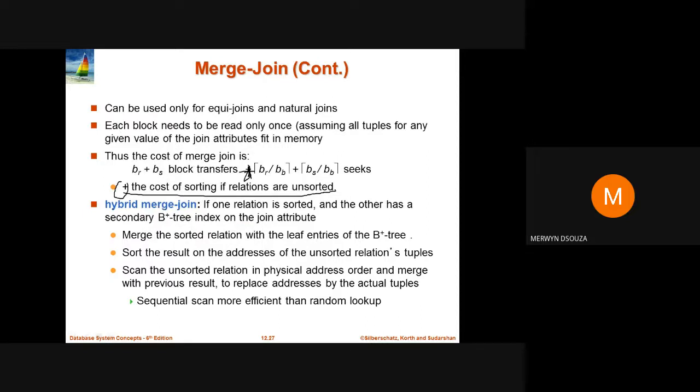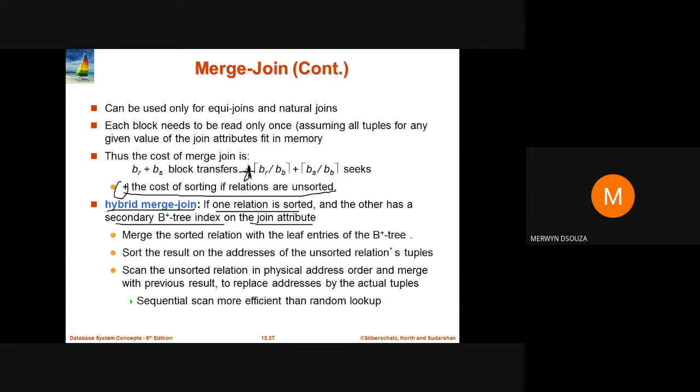This algorithm could be modified. The modified algorithm is known as the hybrid merge join. In case one relation is sorted and the other relation has a secondary B+ tree index on the join attribute, then we can merge the sorted relation with the leaf entries of the B+ tree.